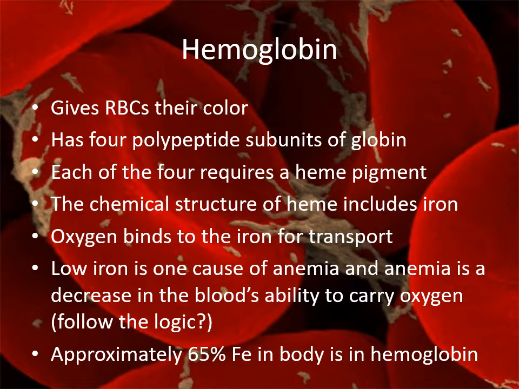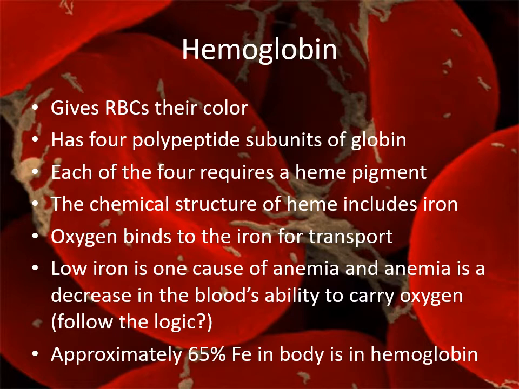And then the chemical structure of heme requires an iron. So oxygen is going to bind with the iron for transport. And since there are 4 polypeptide subunits that each has a heme group, that's why each hemoglobin can carry 4 oxygen molecules.